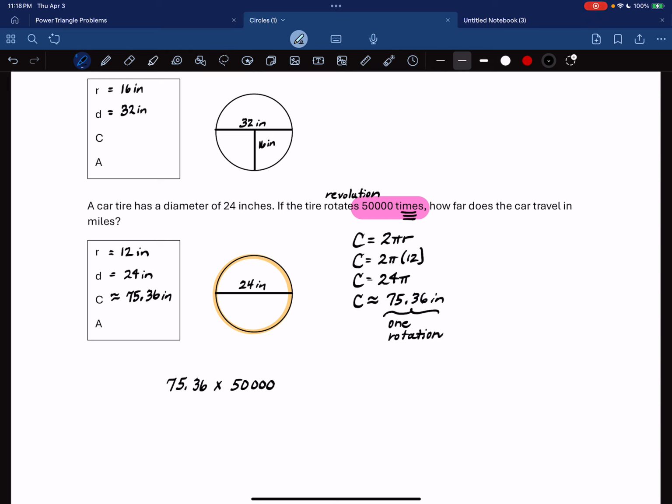So that wheel turns 50,000 times. And we're going to multiply that by the circumference, or one rotation, and it's huge. We're going to get 3768 and 3 zeros. So that's 3,768,000 inches.